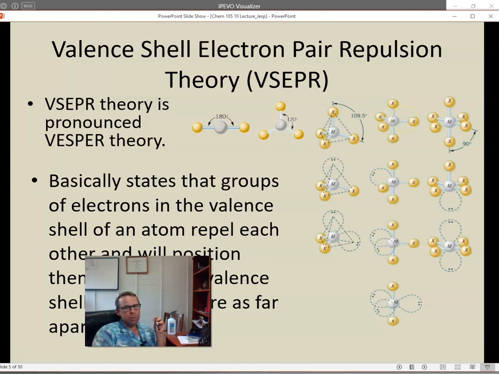Where do the lone pair electrons want to go when we're talking about putting them into a trigonal bipyramidal molecule? What if the lone pair electrons are going to replace atoms in this trigonal bipyramidal molecule? Do they want to go in the axial locations or into the equatorial locations?